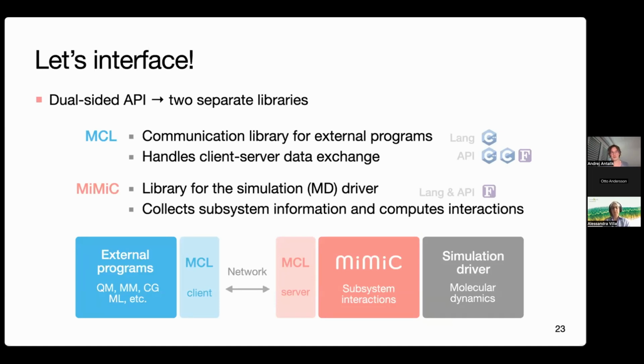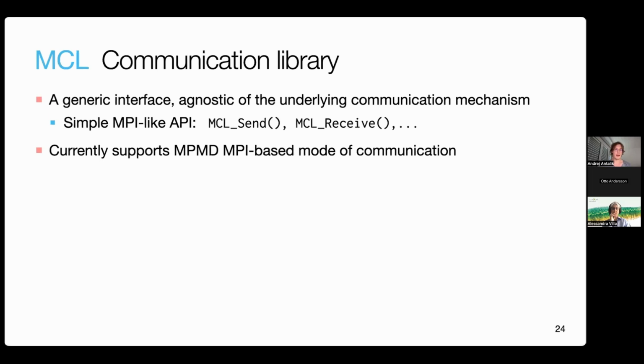But for the external programs, you only need to use MCL, which is this very lightweight communication library. So MiMiC is written in Fortran. Just if you're interested, MCL is written in C++, but we provide APIs in C++, C, and Fortran for MCL. So we are quite flexible in that respect.